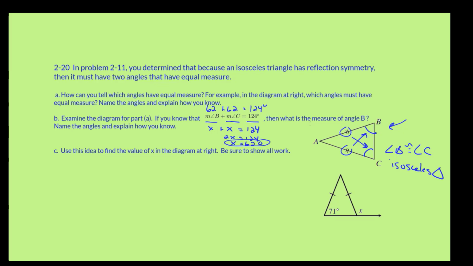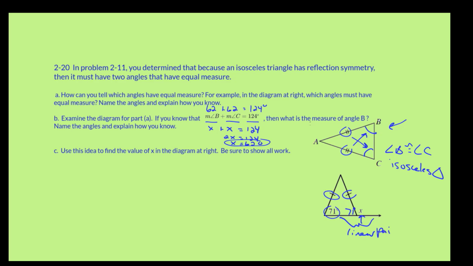Part C, a little different, but we get to use some of the same properties to help find it. Because again, these are equal, that means this is 71 degrees and this angle also is 71 degrees, okay? But we're trying to find x. So this forms a linear pair.